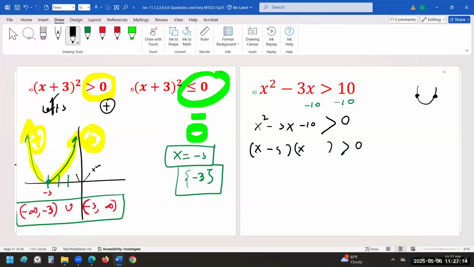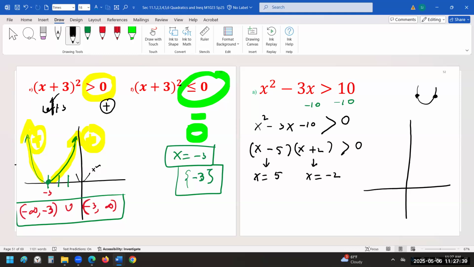Good job. Negative 5 and positive 2. So this gives us x equals what? Positive 5. And this gives us x equals what? Negative 2.